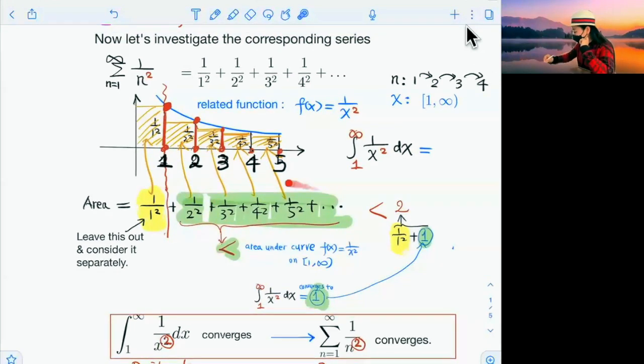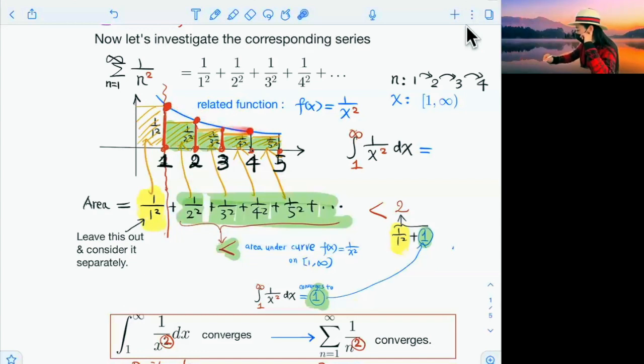So this part over here, the green part I highlighted, what does it correspond to? It corresponds to the sum of all those rectangles right there. Do you see the relation? And they are under the curve, right?